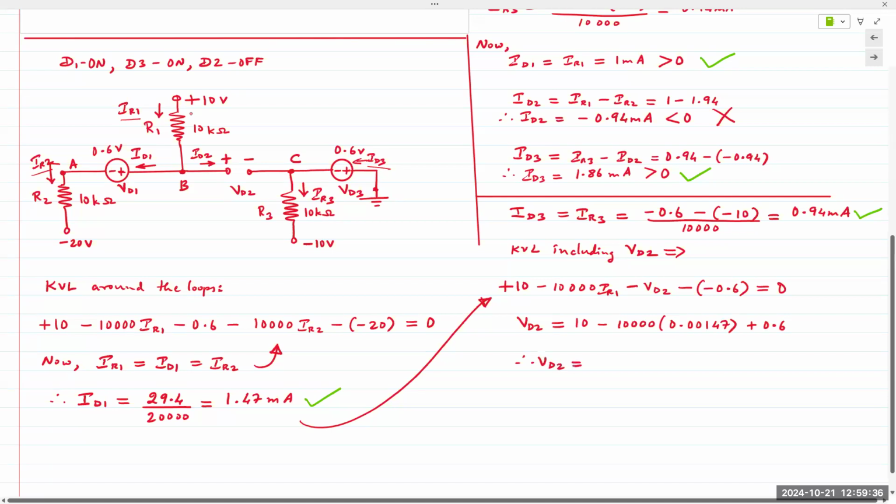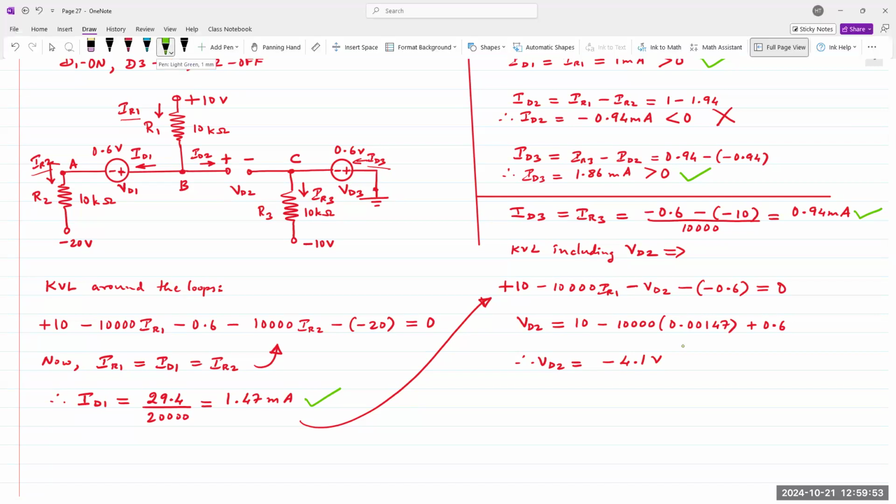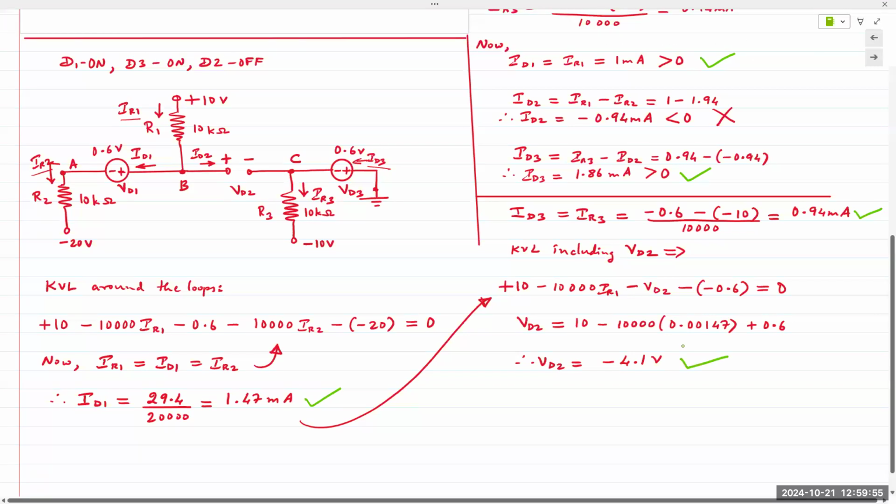And thankfully, we obtain a negative answer. This comes out to be minus 4.1 volts. If this is negative, that means that my assumption that D2 is off is indeed correct.